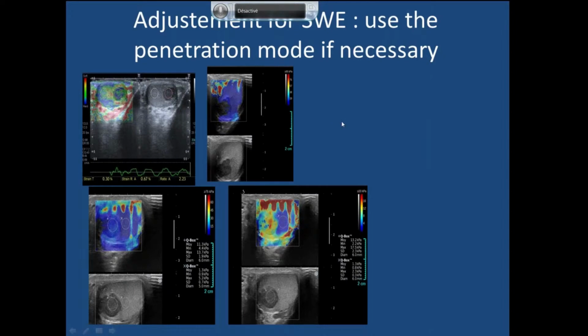You have to adjust the mode, and with the penetration mode, there is no defect in the cartography, and you are now able to make the measure, but you have more push artifact in this case.